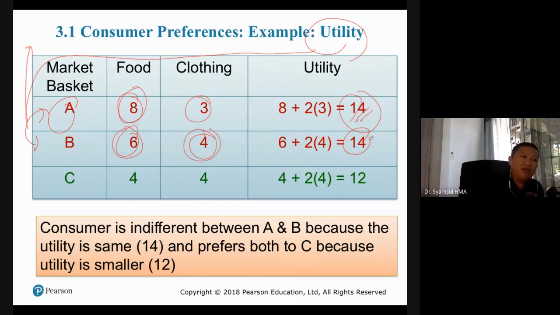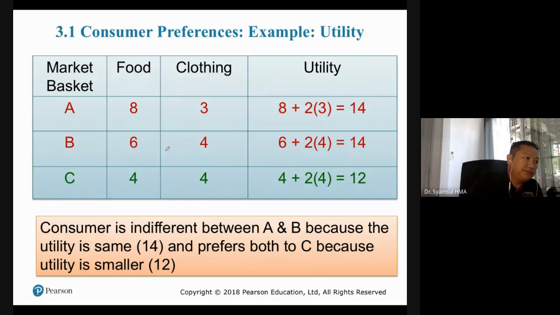This is not a standard unit, but you can have some picture to understand whether A or B is the same. A and B are giving the same utility, the same satisfaction, even though they are at different combinations. But in the case of C here, you have 4 of food and 4 of clothing. You see that, for the same amount of food and clothing, it will yield only 12.